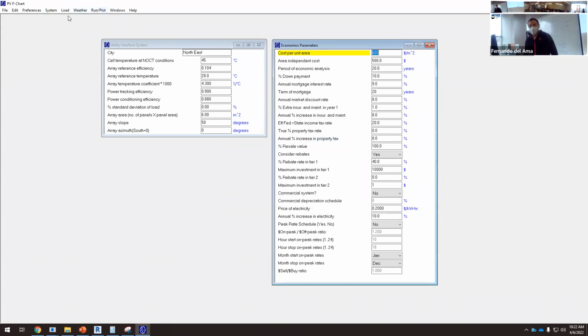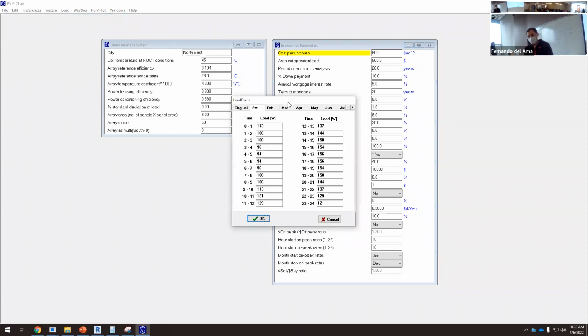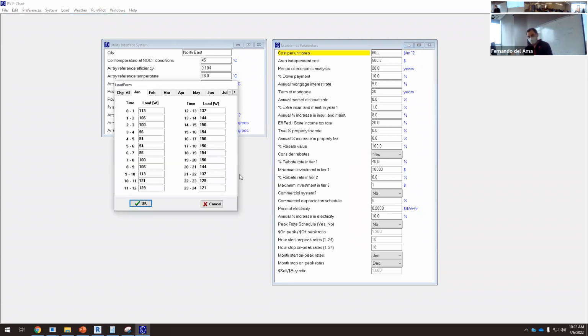Don't do it yet, because in PV watts, we have to do something that we don't have in other softwares, which is the load. Okay, so here we can change view load, and we can be as thorough as we want. Okay, so we have here the ability to include a lot of information.